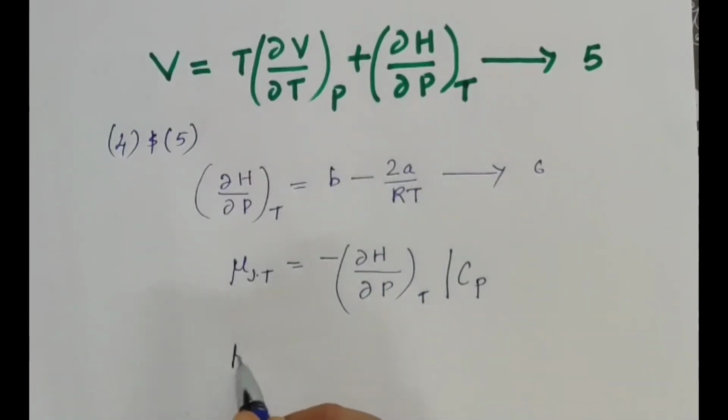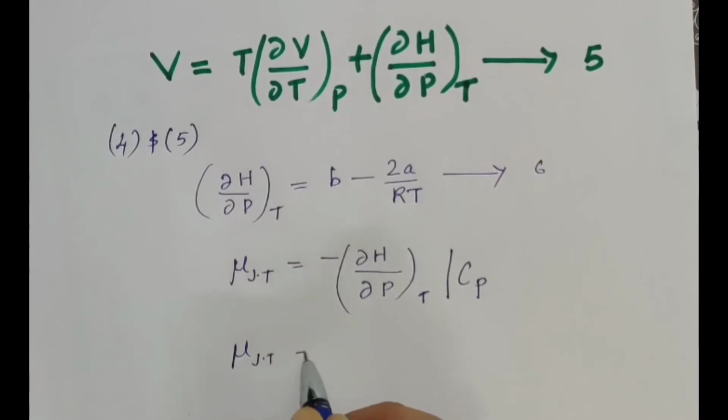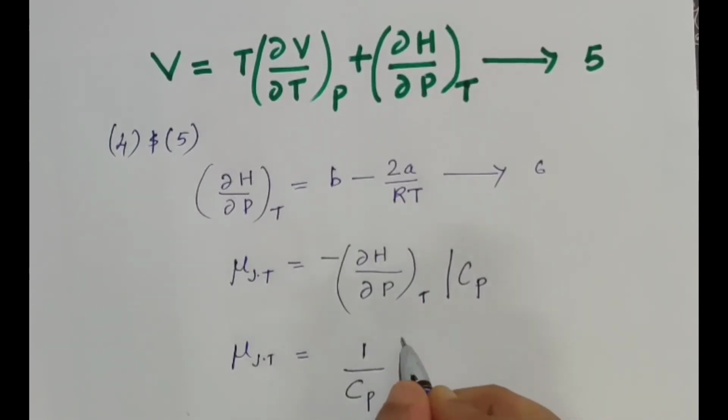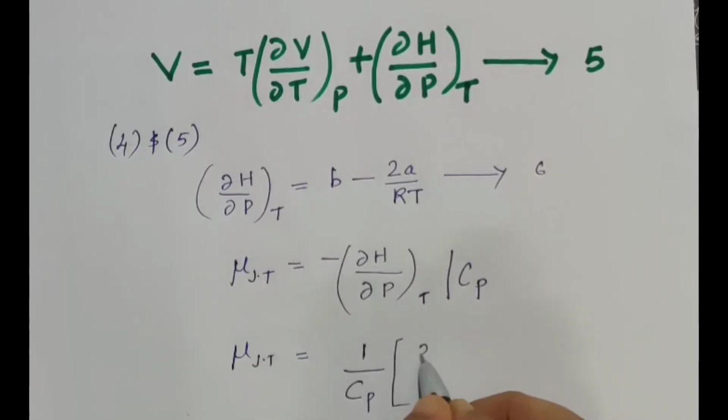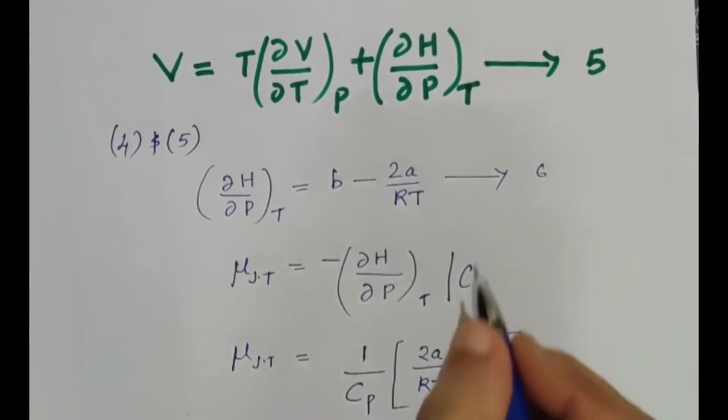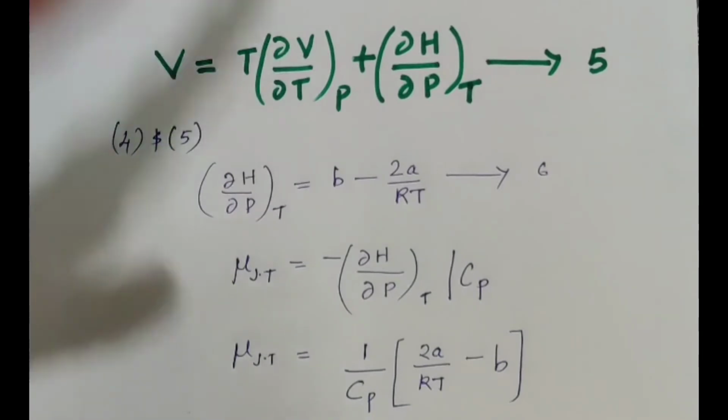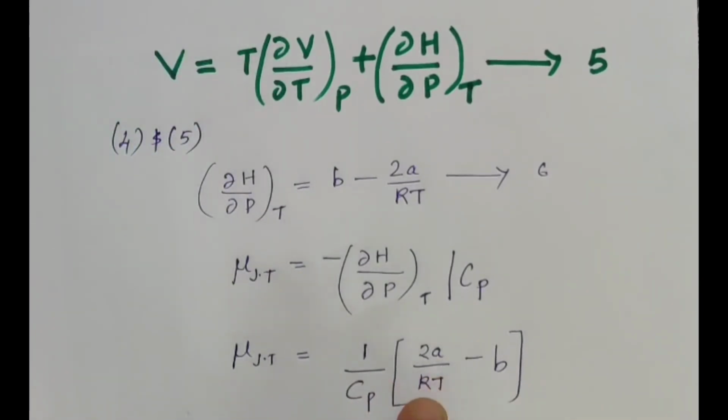Hence we get a standard equation connecting μJT and the van der Waals constants A and B. Then μJT is equal to 1 by Cp into 2A by RT minus B, taking minus 1 outside and the minus cancelling out.